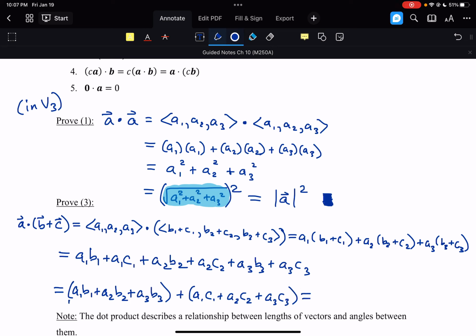And these are the dot products of A with B and A with C. It's those formulas. So that is A dot B plus A dot C. And that's our property.